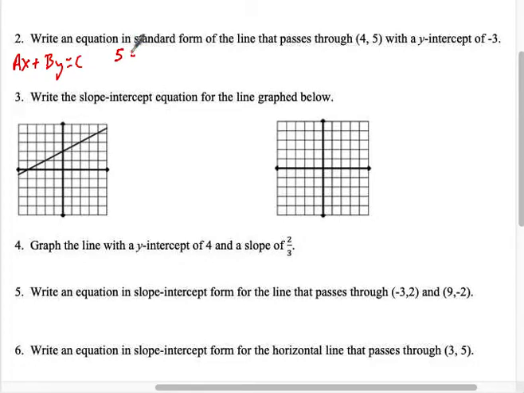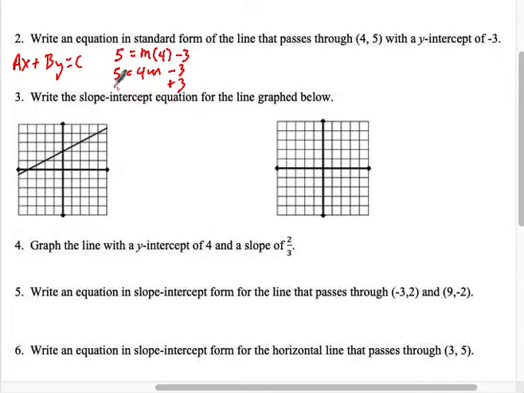So I can start out like this. 5 equals m times 4 minus 3. So that's y equals mx plus b. Everybody with me? Okay. Now just solve for m to find the slope. So 5 equals 4m minus 3.